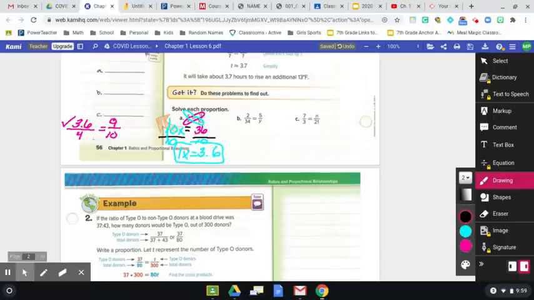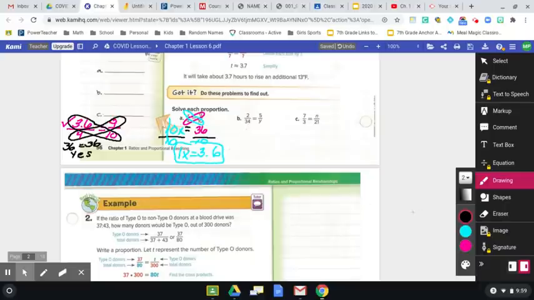So I'm going to look at 4 times 9 and know that I get 36 there. And if I do 3.6 times 10 to make that equivalent, I also get 36. I've created my proportion. That means I've solved x correctly, and it's 3.6.